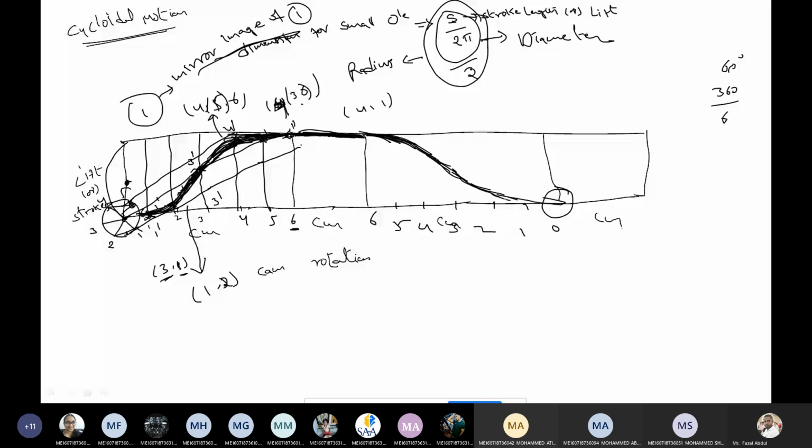In this manner. Now after drawing this one, what is the next period? Dwell period for the falling. After falling, the next period is a dwell period. Sir, in this also we have to divide the circle into 6 parts and join the lines, no?